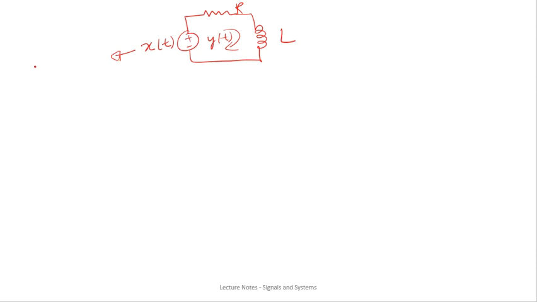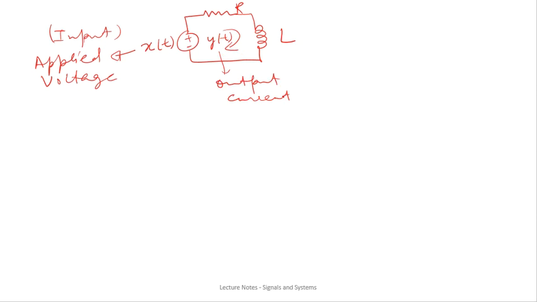This is the input, the applied voltage. Okay, you can write it down that it is the input. Output is the current, which is represented by y(t). So this can be written as output, and it is current actually.